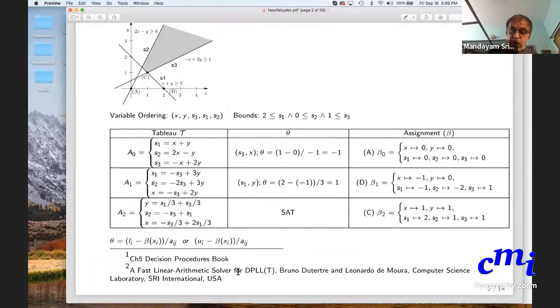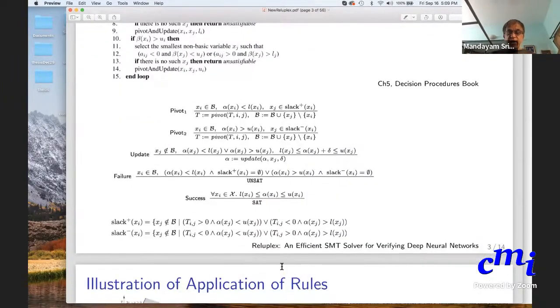Now, for ReluPlex, which I'll be discussing today, the paper that I'll be using is this one. I've already uploaded that to Moodle. I'll upload this as well as the other paper.